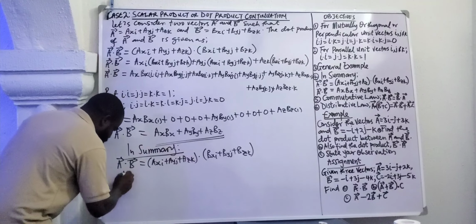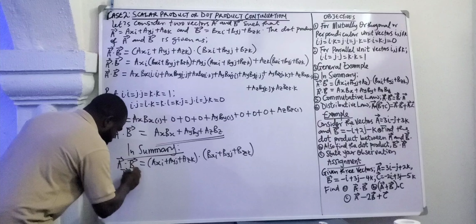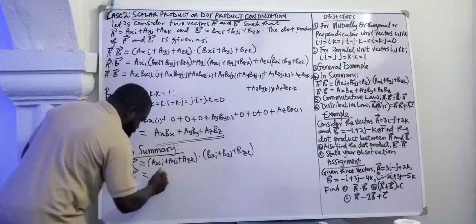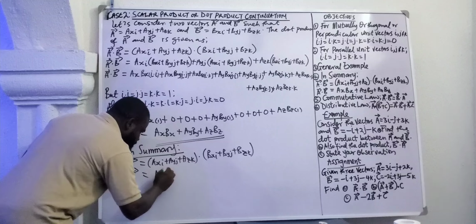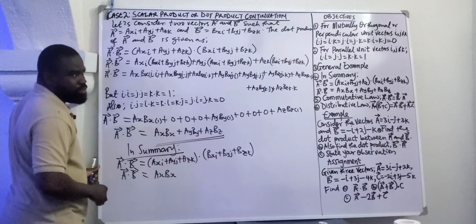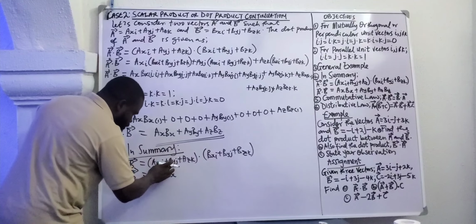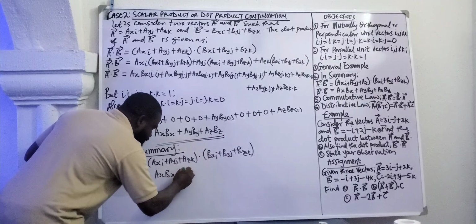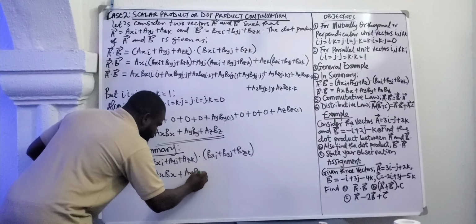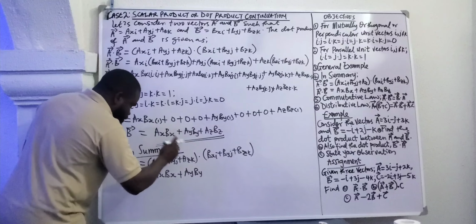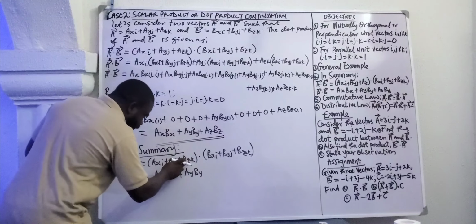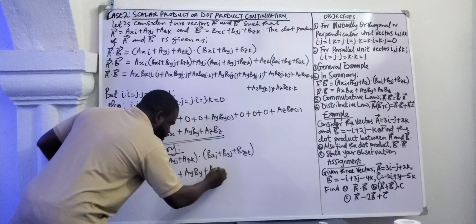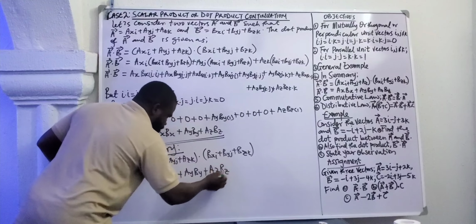All you just have to do, vector A dot vector B, is I will use this to multiply this. AX, BX. I don't need to do the other multiplications. I will use this AY to dot this. I will have AY, BY. Then the other ones not needed, I will use this one to dot this to give me AZ, BZ.